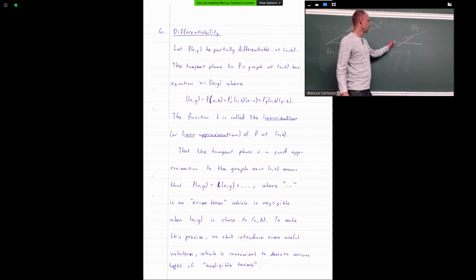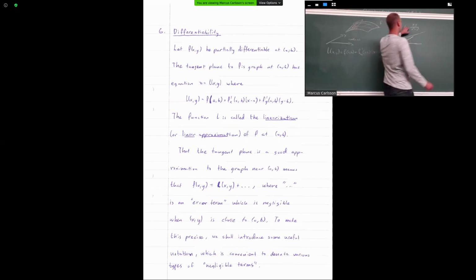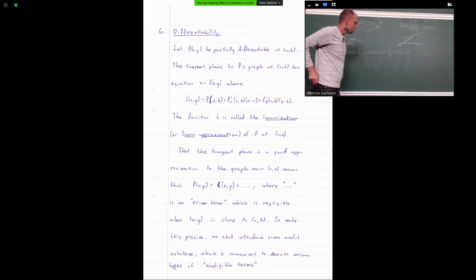Nevertheless, if we define this function like this, so f of x comma y is equal to this for x and y not equal to 0, and 0 when x comma y is equal to 0, then what is the tangent plane really?